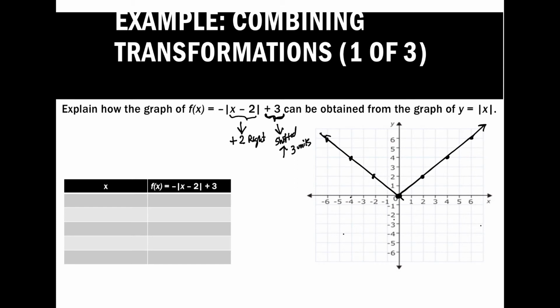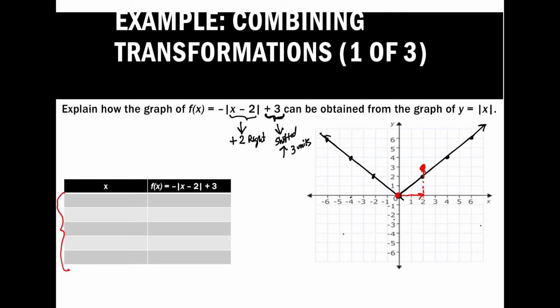So if I'm going to begin to figure out where this sort of starting point is, which will give me an idea of what x values to plug in over here, I want to take my low point here and do those shifts. So if I go 2 to the right, and then I go up 3 units, we see that my beginning point here is at 2, 3.